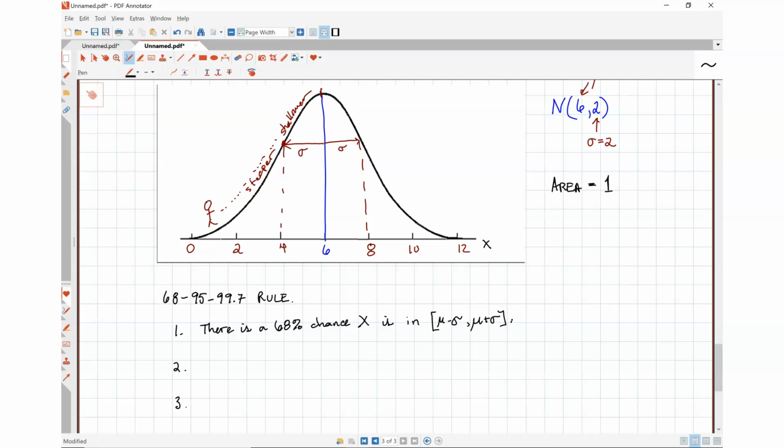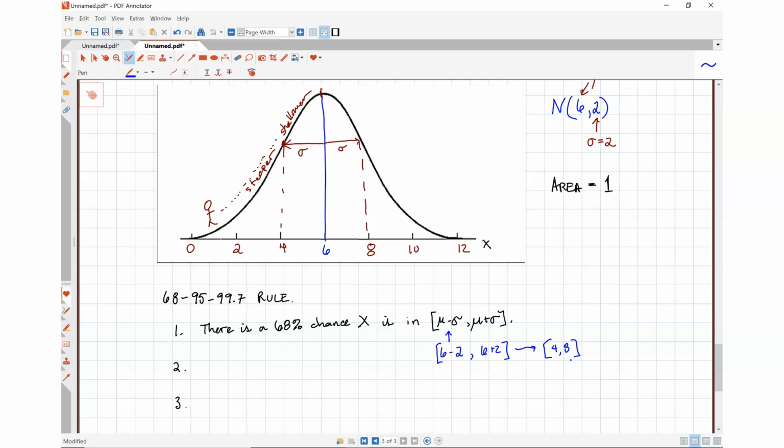Okay, so I've written this with a little bit of math notation, so we should just watch ourselves here, make sure that we've got this. This is mu minus sigma, so that's, in this case, for our example, it's 6 minus 2, comma, mu plus sigma, so that's 6 plus 2. And if I write that down again, this is [4, 8].